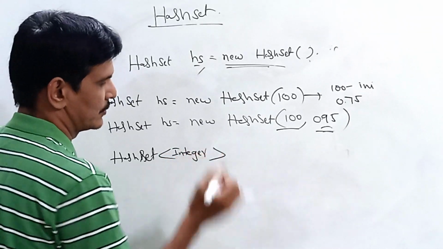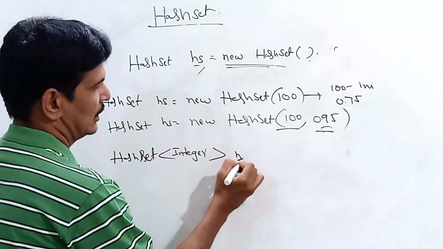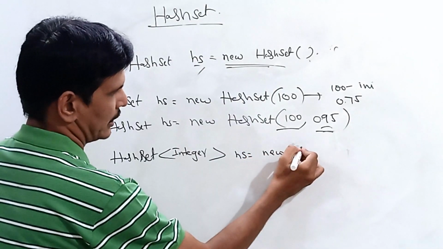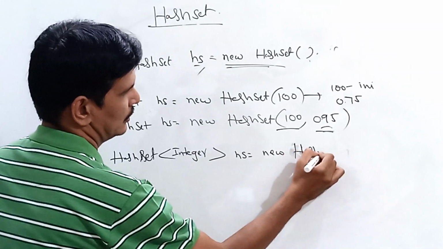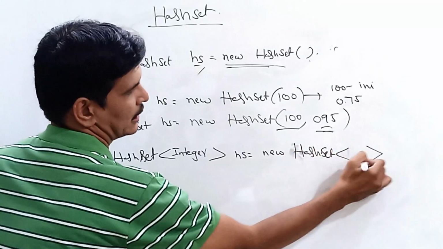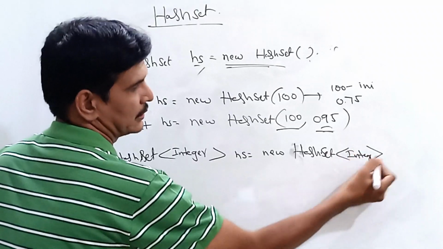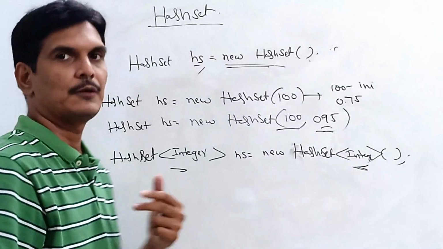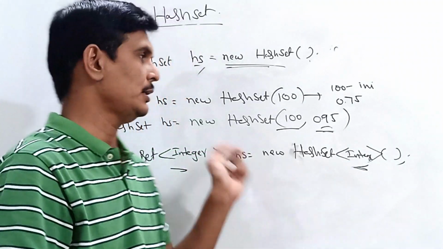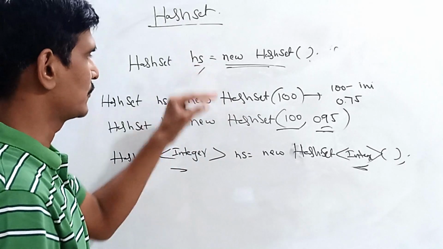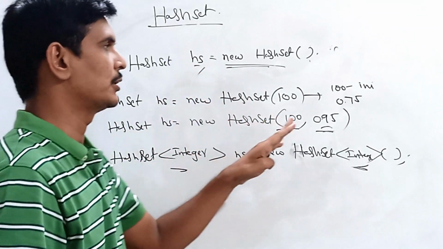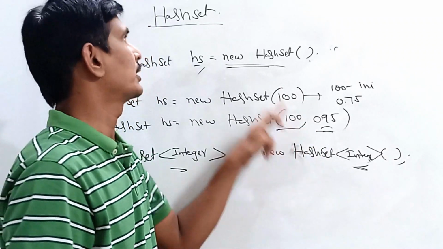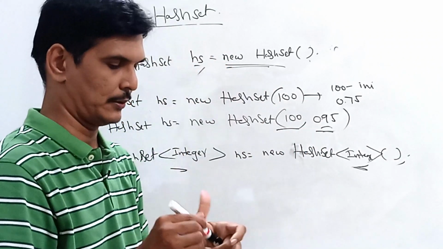Suppose I want to store only numbers, so I'll say Integer class, hs equal to new HashSet again, and in the angle brackets we specify the type of the class and close the bracket. So here and here we have to specify the type of objects we are going to store in the hash set. These are the different ways we can create an object, where we can configure the initial value and also the load factor. Load factor is very important in the hash set concept.